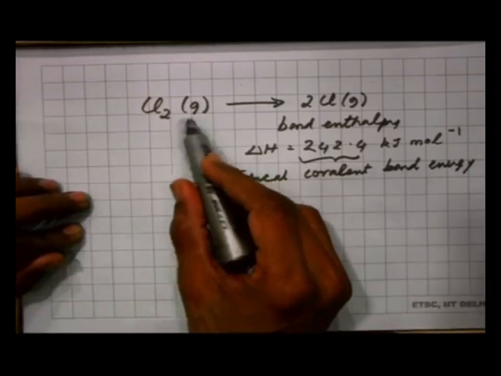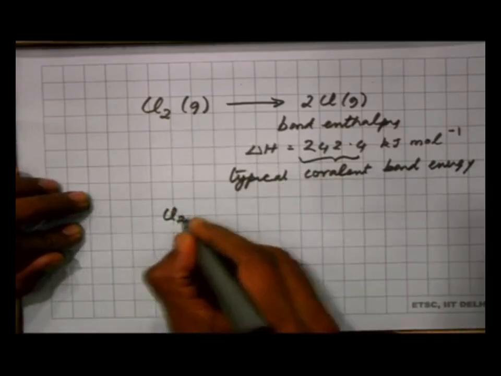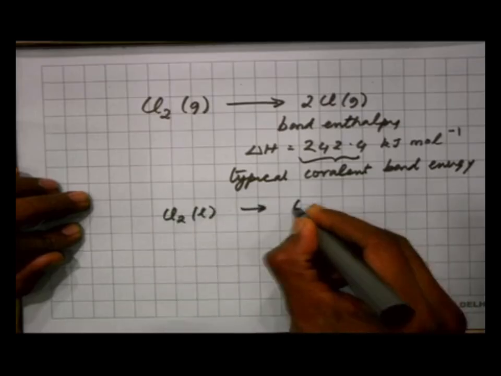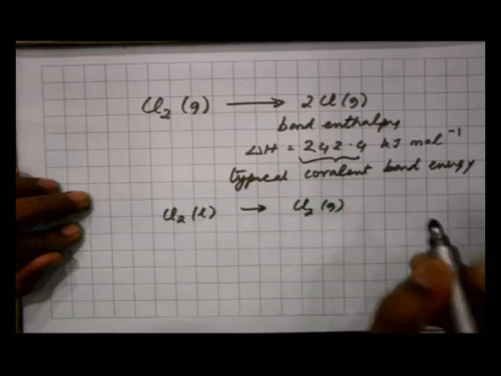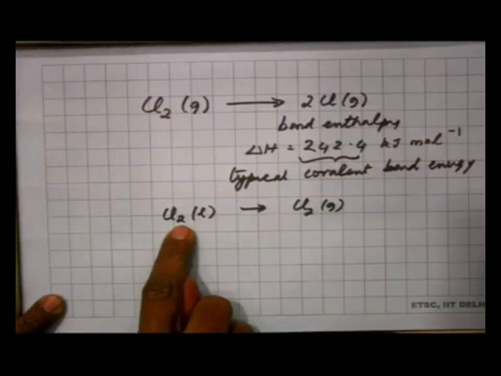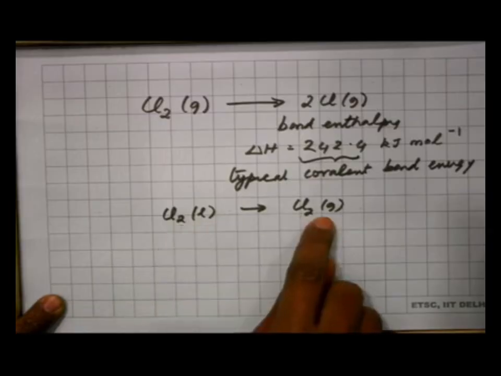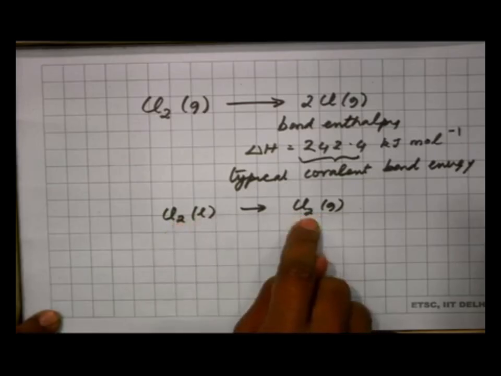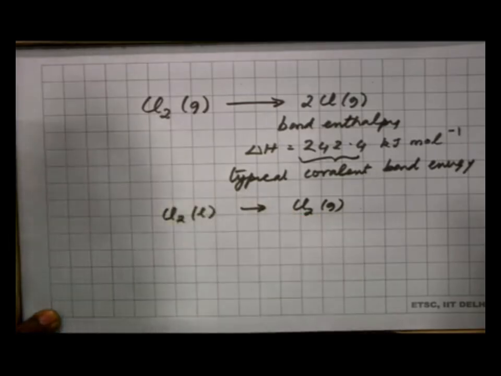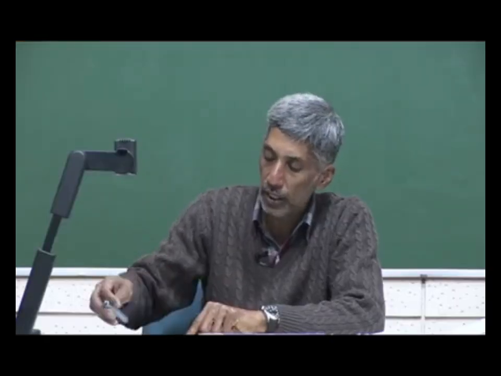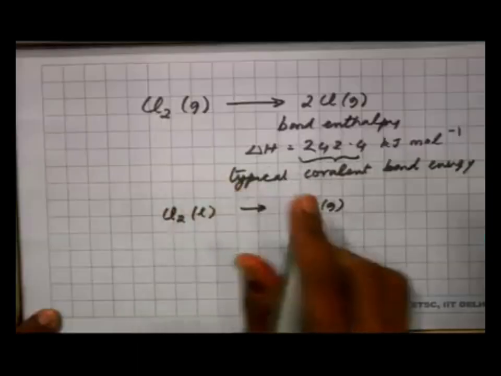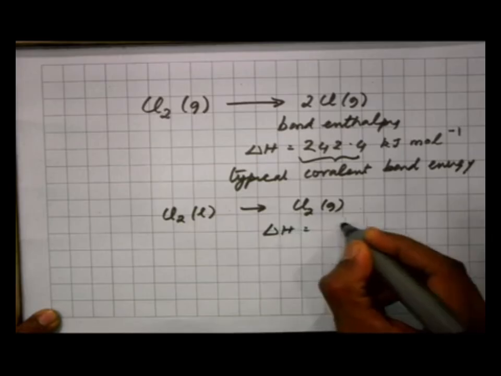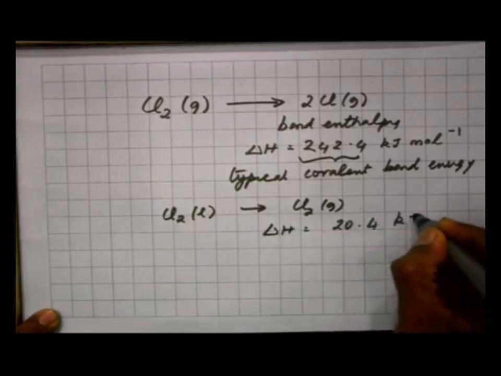What we now have to compare is what is the energy for us to do this. What we are saying is the intermolecular forces of attraction which keeps chlorine as a liquid will not exist, or it will be lesser in chlorine gas. So, the amount of energy that I need to provide for liquid chlorine to go to chlorine gas gives you an estimate of the intermolecular forces of attraction that exist in chlorine liquid, and this happens to be 20.4 kilojoules per mole.